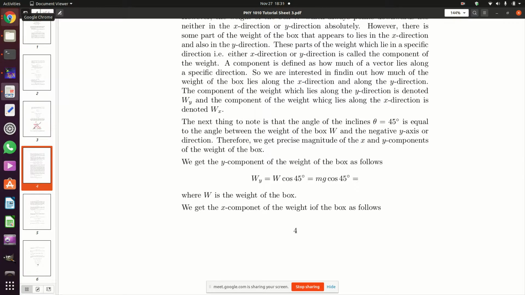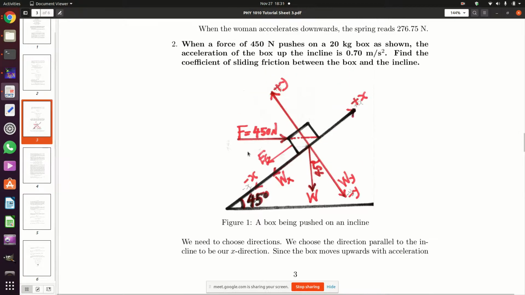Here, this is the weight of the box. The weight of anything points down. However, as you can see, this is our y direction and this is our x direction. Parallel to the incline is our x direction, perpendicular to the incline is our y direction.